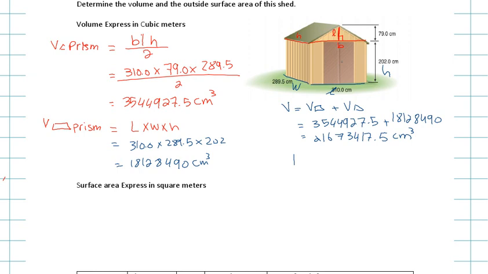Now I don't have meter and centimeter, I have meter cubed and centimeter cubed. So what do I have to do? I have to cube it. So 1 meter cubed equals 100 cubed, which is 1 million centimeters cubed.